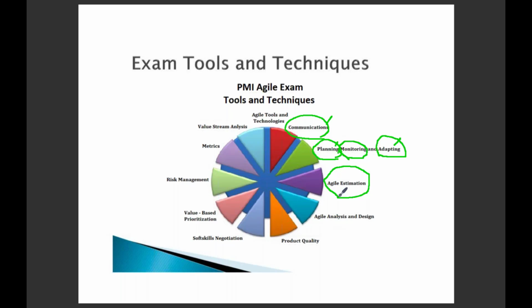Certain tools you use to do the estimation differ. So here we'll learn estimation techniques like story point estimation, and how you do sprint or iteration estimation. Cost estimations, budgeting, how do you do it? So we'll be learning the Agile estimation under this section.